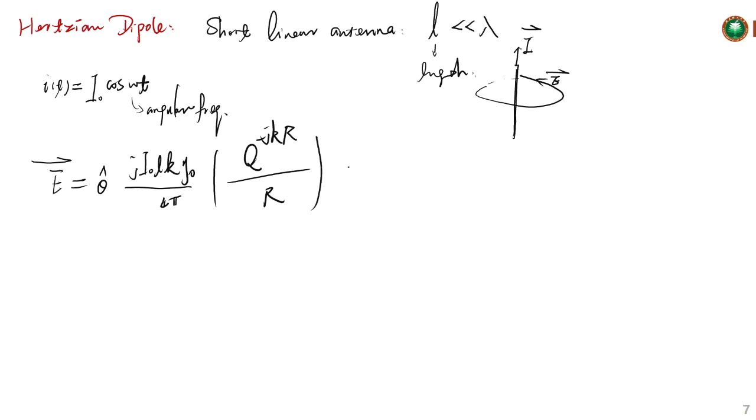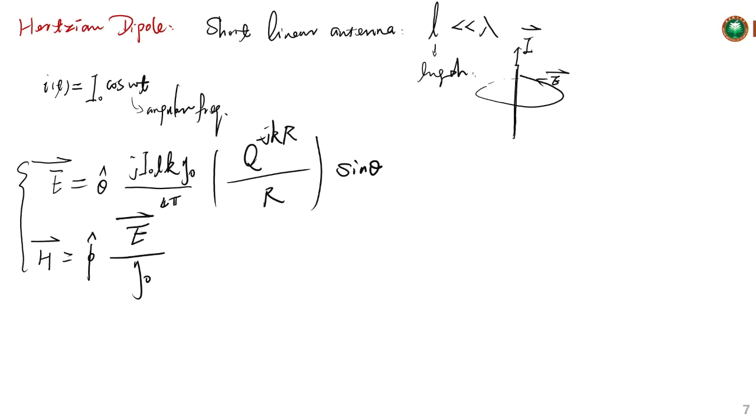And finally, times sin theta. So this is for the electric field. For the magnetic field, it follows the azimuth direction and is divided by the intrinsic impedance. These are the expressions for the electric field and magnetic field. If you forget that, just take a short review of your undergraduate course.